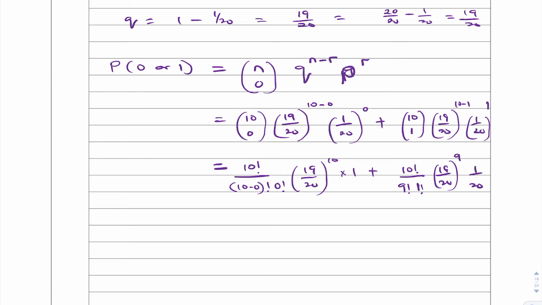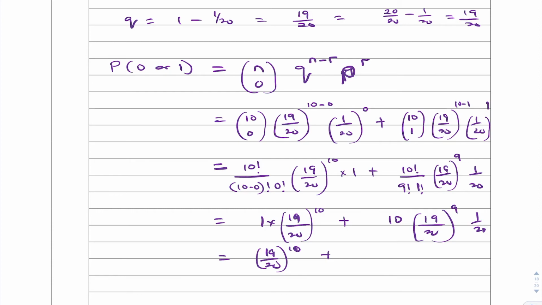And then when we work this out, that will be 1 times 19 over 20 to power 10, plus 10 times 19 over 20 to power 9, 1 over 20.